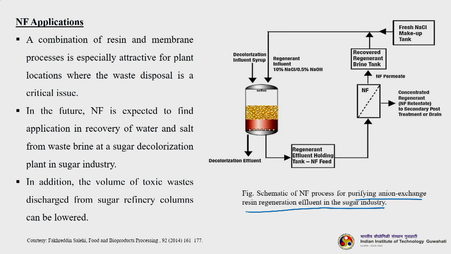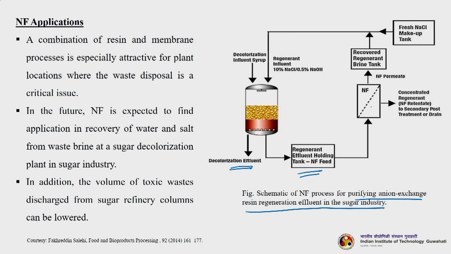So, you can see how it is happening. This regenerant effluent is coming, and you are adding the decolorization agent. The decolorization effluent is being taken here, and the regenerated effluent is being stored here. This is basically your NF feed.